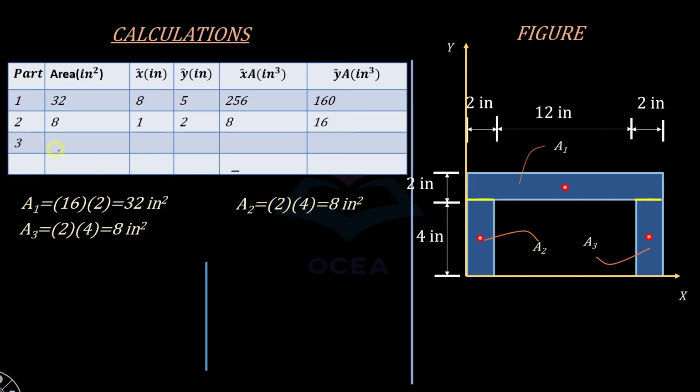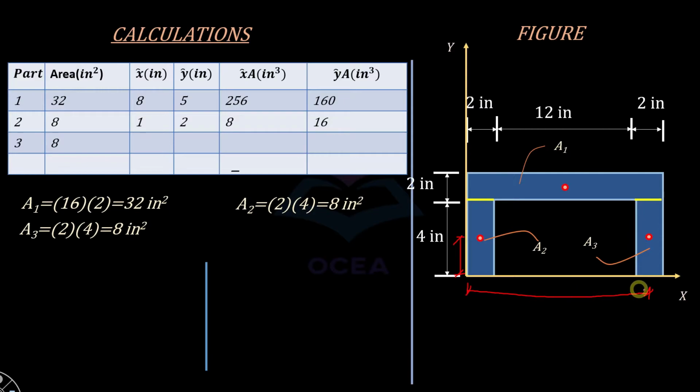Now we are going to perform the same calculation for this third segment, that is this rectangle. So the area of this rectangle is going to be equal to the area of the previous rectangle. A3 is going to be equal to A2. So area A3 is equal to 8. And now we are going to calculate the centroidal coordinates, that is this distance x3 and y3.